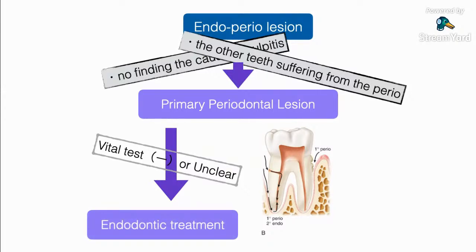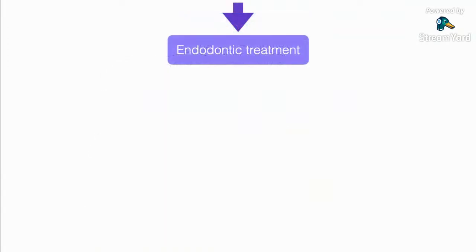Because if it is a primary periodontal lesion, you may go to periodontal surgery. If the defect is beyond the apex, you may need to instrument the apex of the root. So we go to endodontic treatment first.